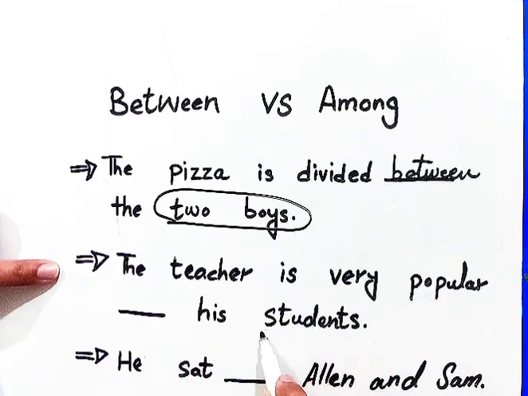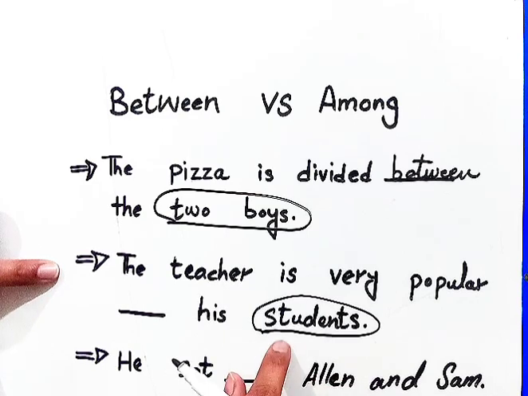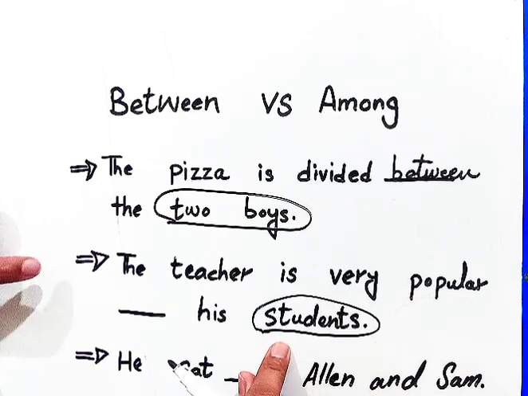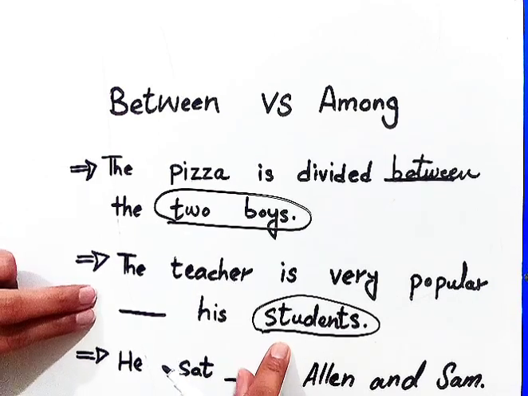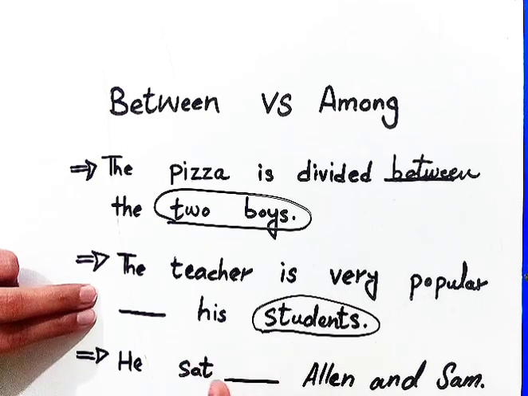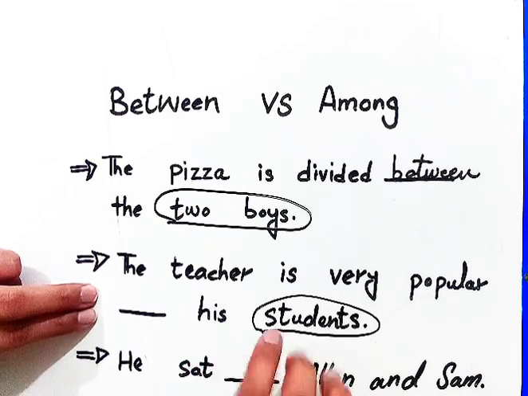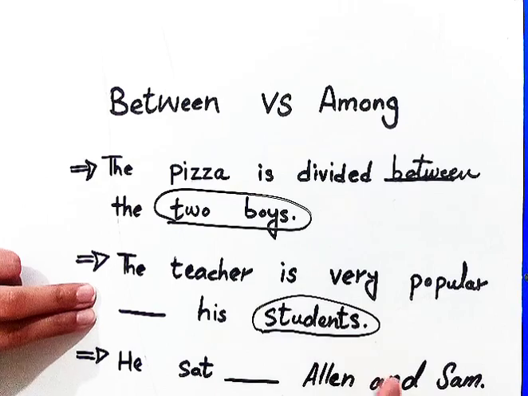Next one. The teacher is very popular blank his students. Now, the word is students. Alright, in this sentence, there are more than two persons, right? There are students, which will be more than two.